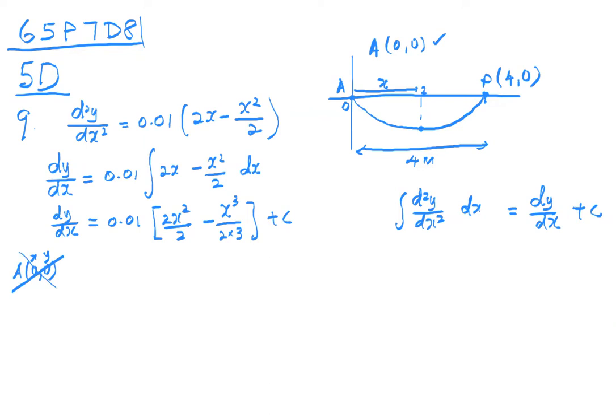Can you tell me what is the value of dy/dx when x equals 2, based on the diagram here? Because that is the lowest point. You look at your textbook, 5D, the diagram. So I have to make use of this information here.